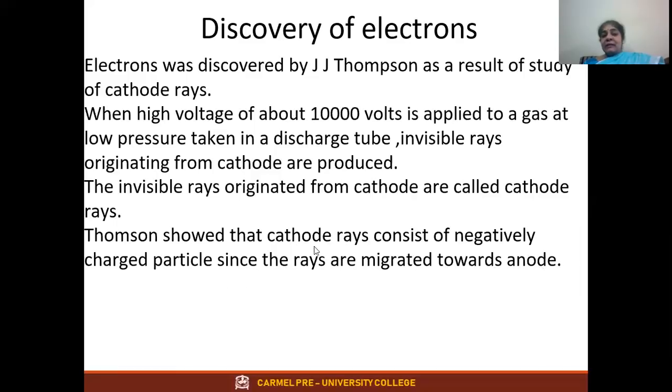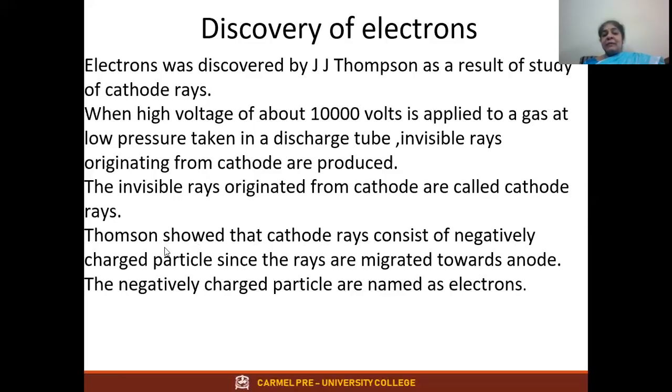So he concluded that cathode rays consist of negatively charged particles, which are named electrons. This is how electrons were discovered.